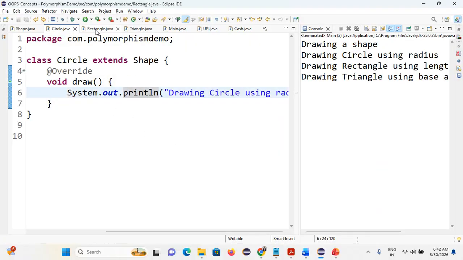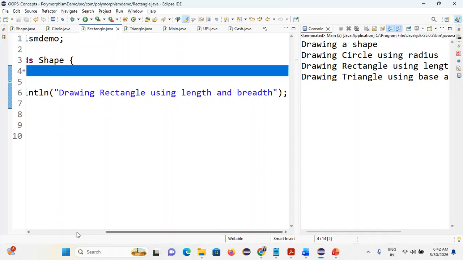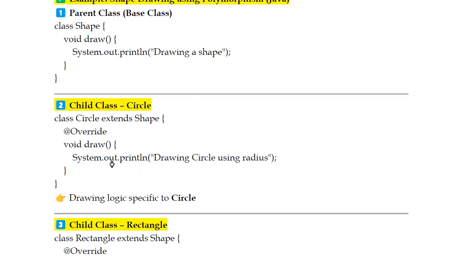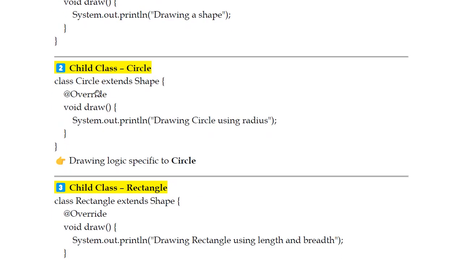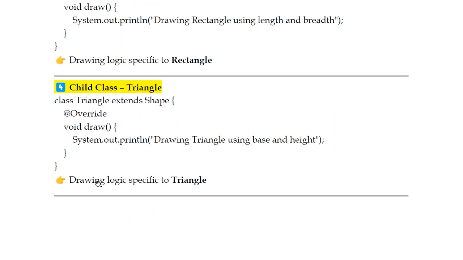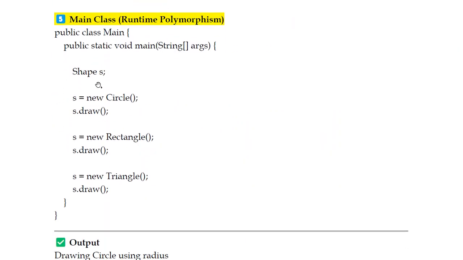Try to watch the previous session and then attend this, then only you will be able to easily understand the session. Here the base class is Shape, so the method is already available. The method name is draw. We are going to override these methods in the different class objects: circle, rectangle, triangle. Depending upon the object, the business logic changes.